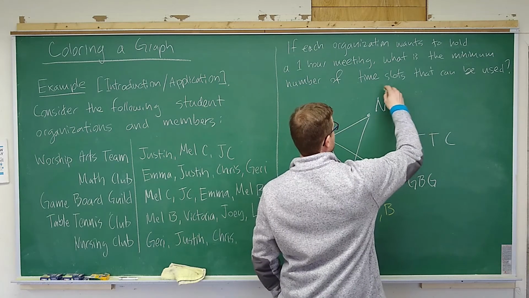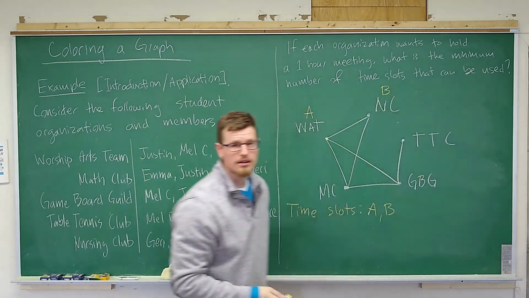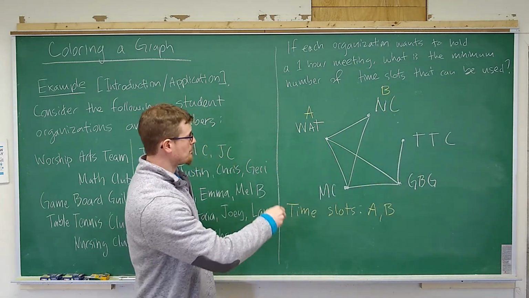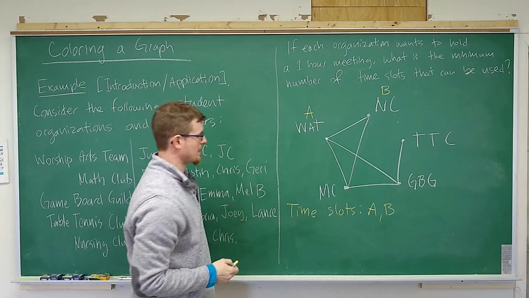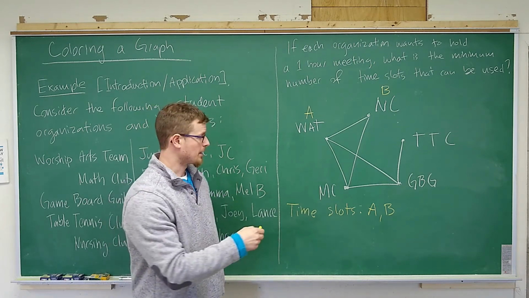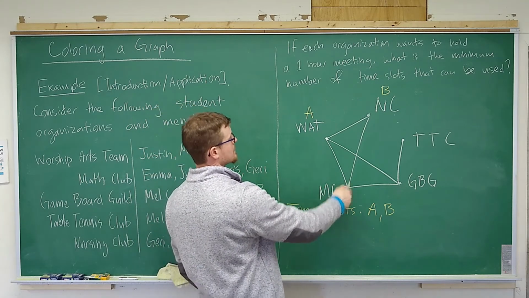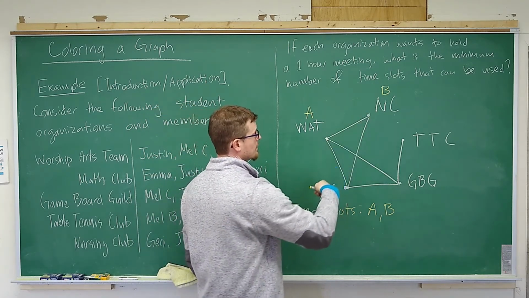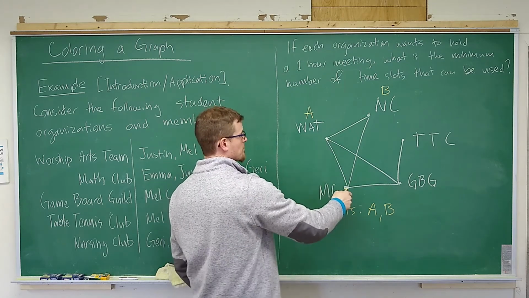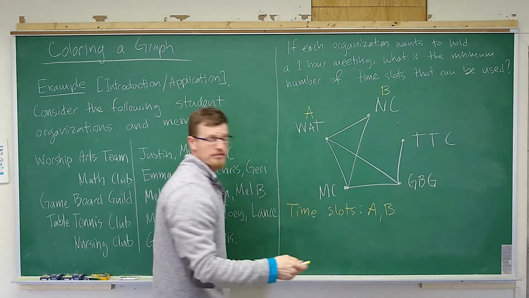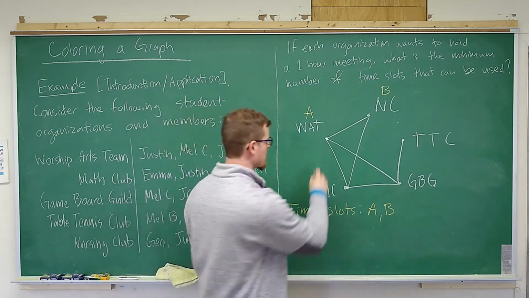B, let's assign time slot B to the nursing club. And then to determine what time slot the math club can hold their meeting at, we need to determine if they can hold their meeting at the same time as the worship arts and the nursing club. Of course, math club is adjacent to both of those, so we need another time slot as well.